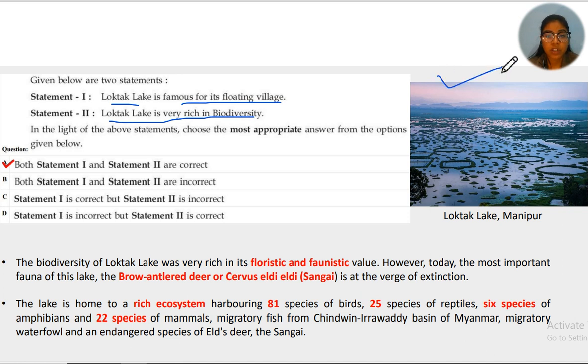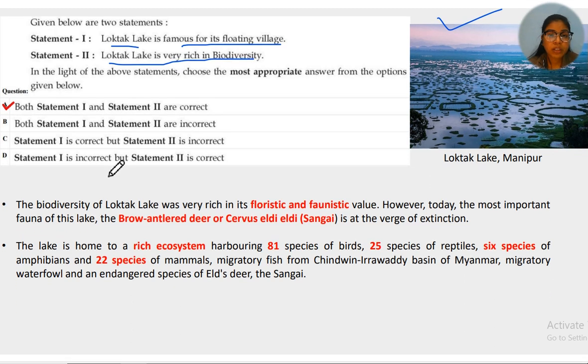This is the image of Loktak Lake, which is situated in Manipur. Now talking about the biodiversity of Loktak Lake, it was very rich in its floristic and faunistic value. However, today the most important fauna of this lake are the brow-antlered deer and the cervus, which are found near this lake.